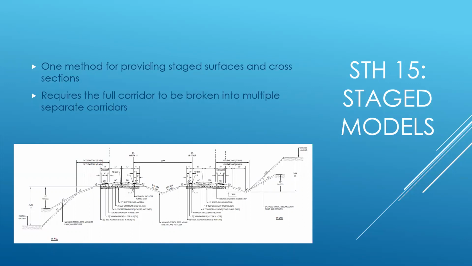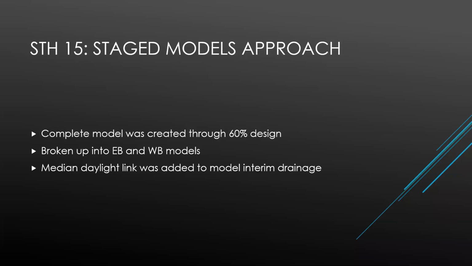So we took a stage model approach, which required us to break up this full corridor that we had created with eastbound and westbound all in one corridor. We broke it into multiple models so that we could do a handful of things, including interim drainage. So our complete approach was we would have a full eastbound and westbound model through the 60% design.